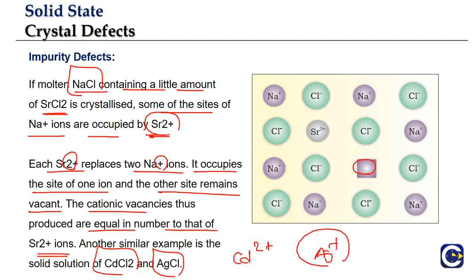So if you look at the cadmium ions going and occupying the Ag plus site, for every 2 Ag plus, only 1 cadmium 2 plus will be replacing, which means there also will be cationic vacancies. So this is about the impurity defects. Impurity defects will come because of the simultaneous crystallization of one ionic substance in the molten state with some other ionic substance.